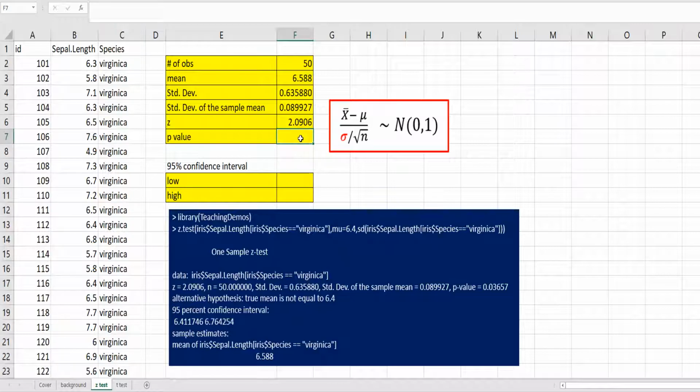So the P value can be calculated by the Z value here, comma, true. Alright, and then it is two-sided, so we need to multiply by 2.